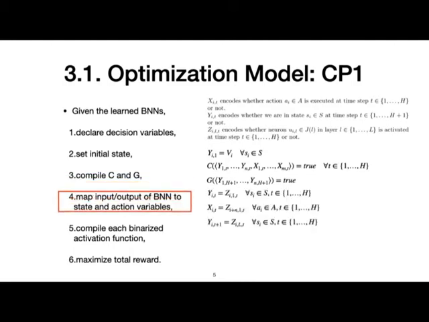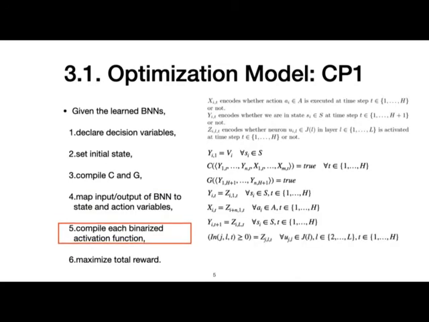We're going to map the inputs and the outputs of our BNN to the state and action variables of our planning problem. Then we're going to model the activation behavior of every binarized unit in the BNN, such that if the input is greater or equal to 0, we activate that neuron.